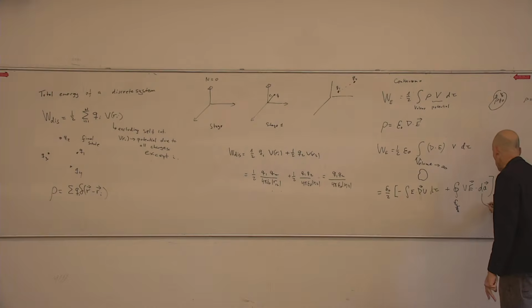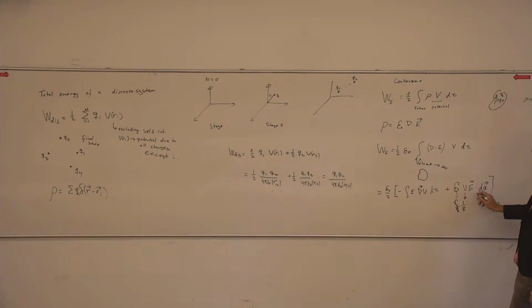So this guy is proportional to R squared, the surface, the size of the sphere that I put around everything. What is the potential? It's 1 over R. This one is 1 over R squared. The point is that all this goes to 0 together like 1 over R.